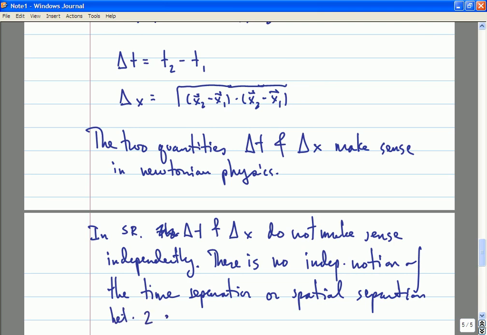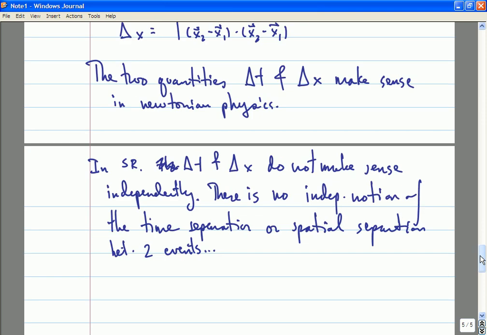For example, as you well know, we have time dilation as well as length contraction in special relativity, both of which mean that the two notions, that of time separation and of spatial separation, depend on which reference frame we use to define these notions.